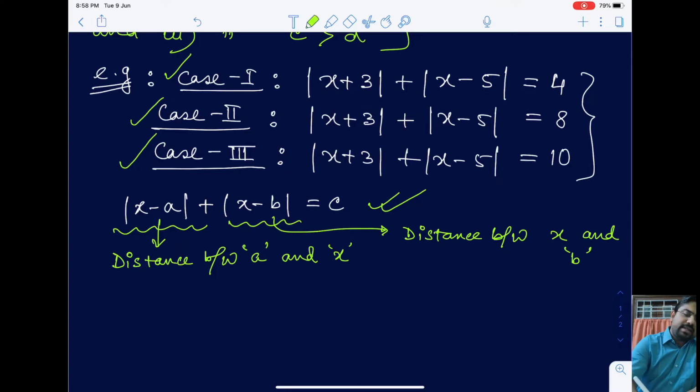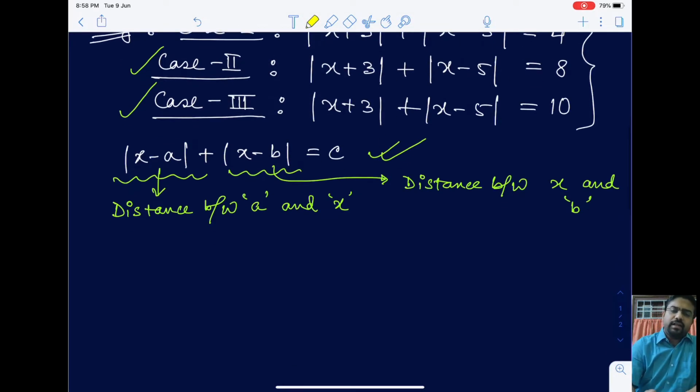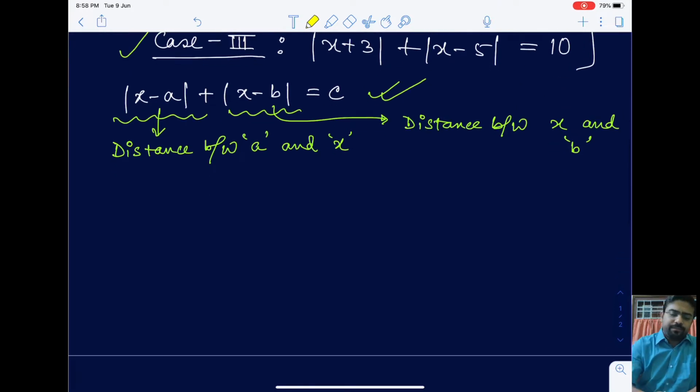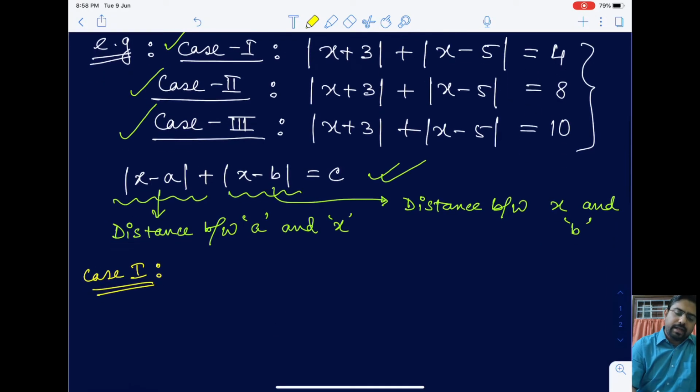Let us understand each of these cases separately to find the number of solutions graphically. In case 1, we have chosen mod of x plus 3 plus mod of x minus 5 equal to 4.